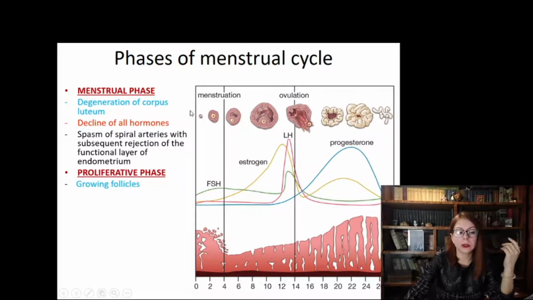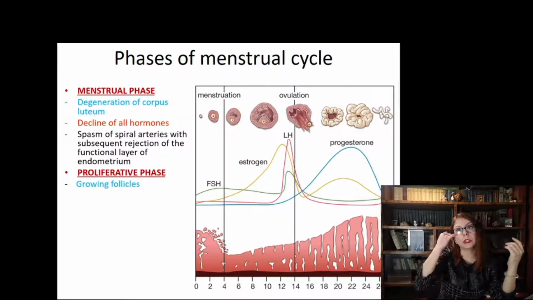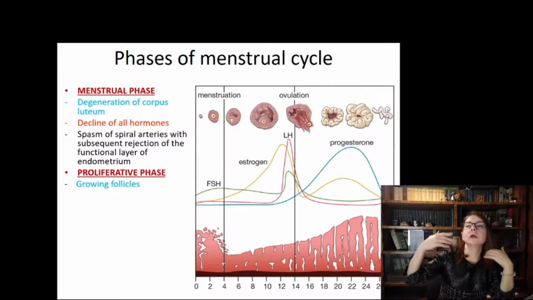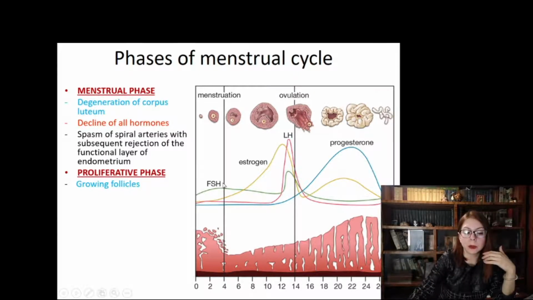Why? Because in case of absence of growing follicles in the menstrual phase, there is no estrogen in the blood, and by the mechanism of the negative feedback, we can see that follicular stimulating hormone increases in its concentration.